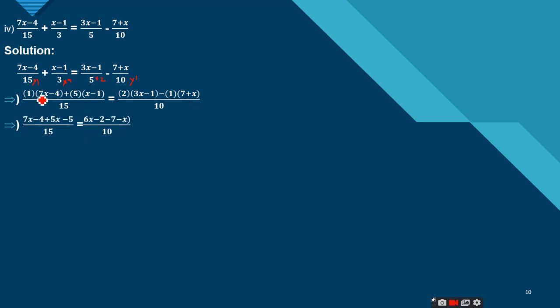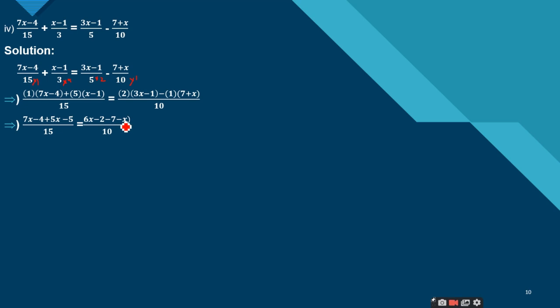In the next step, we just solve the expressions, the numerators. So 7x minus 4 plus 5x minus 5 upon 15 is equal to 6x minus 2 minus 7 minus x upon 10.